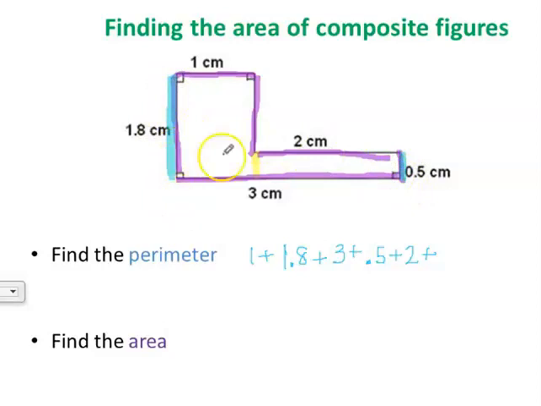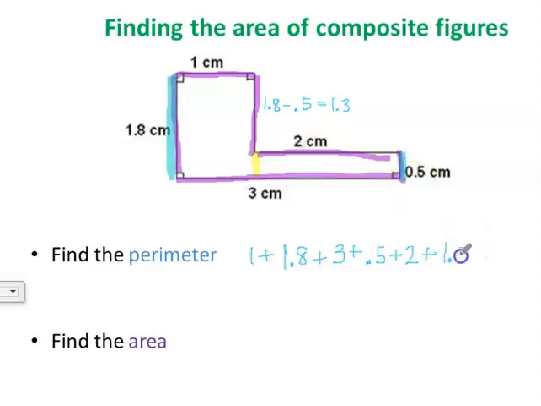So to find the missing side length, we take 1.8 and subtract out that 0.5. And what does that leave me with? 1.3.